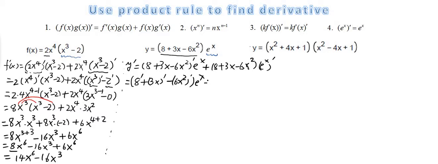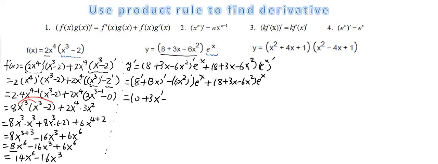Okay, and here the derivative of e to the power x is going to be itself, right? And then we can simplify it. For the first term, the derivative of the constant 8 should be 0, and the derivative of 3x is going to be 3. We keep the constant the same, and we only take the derivative of x.